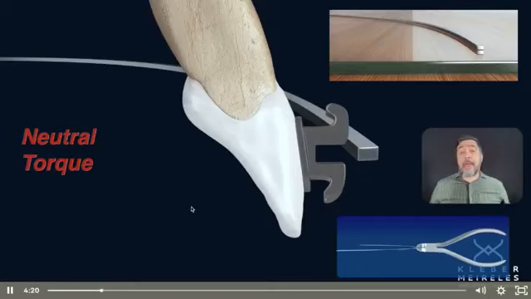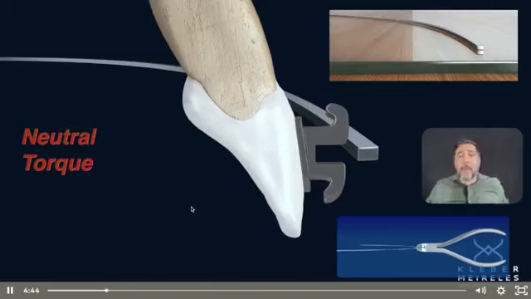For example, when I have a periodontally compromised patient, these anterior teeth are buccally flared, and this is not the same relationship between the wire and the slot. So a neutral torque in that situation will not keep anterior teeth in position.